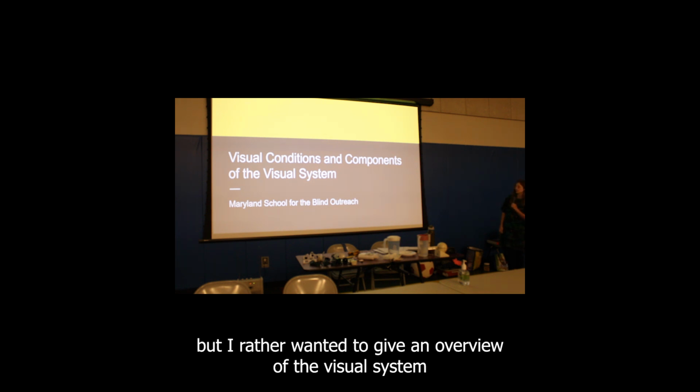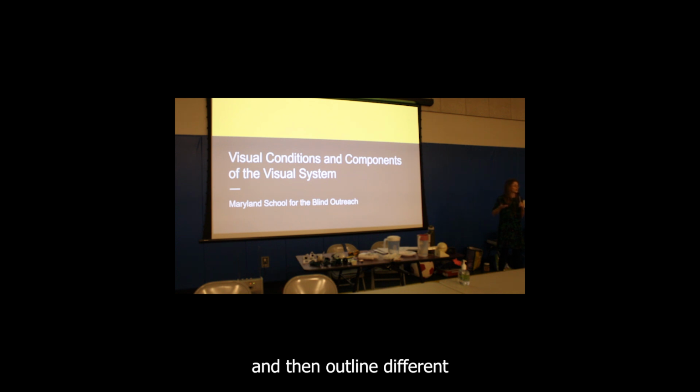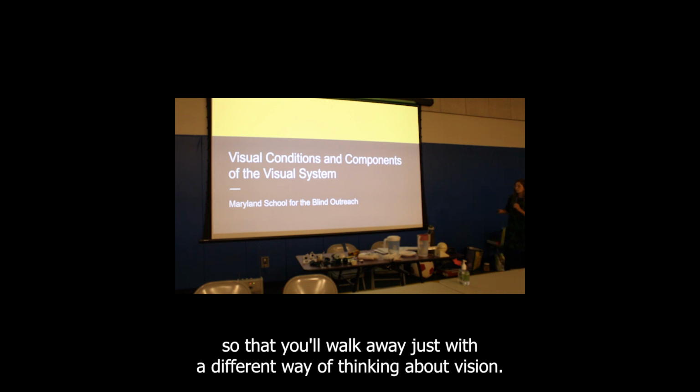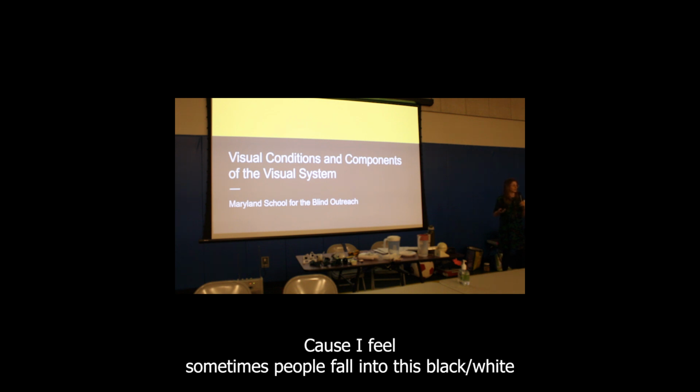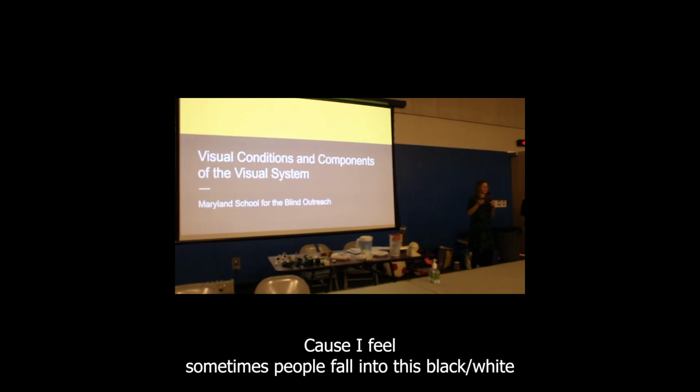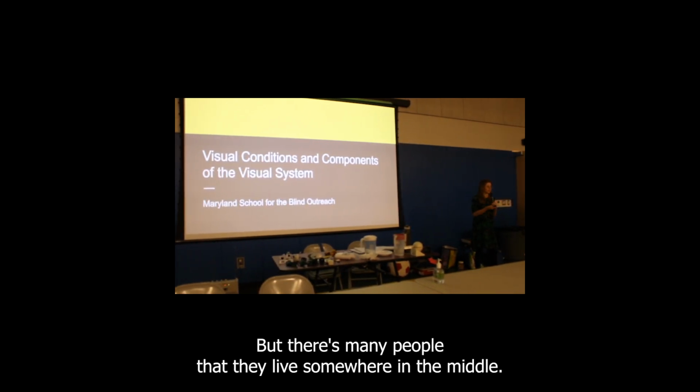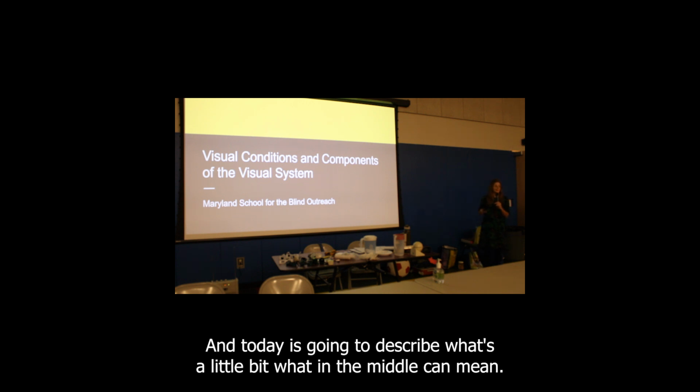I rather wanted to give an overview of the visual system and then outline different areas of functional vision that can be impacted by a visual condition, so that you'll walk away with a different way of thinking about vision. Sometimes people fall into black-and-white thinking, like you're either blind or you have all your vision, but there are many people who live somewhere in the middle, and today is going to describe a little bit of what the middle can mean.